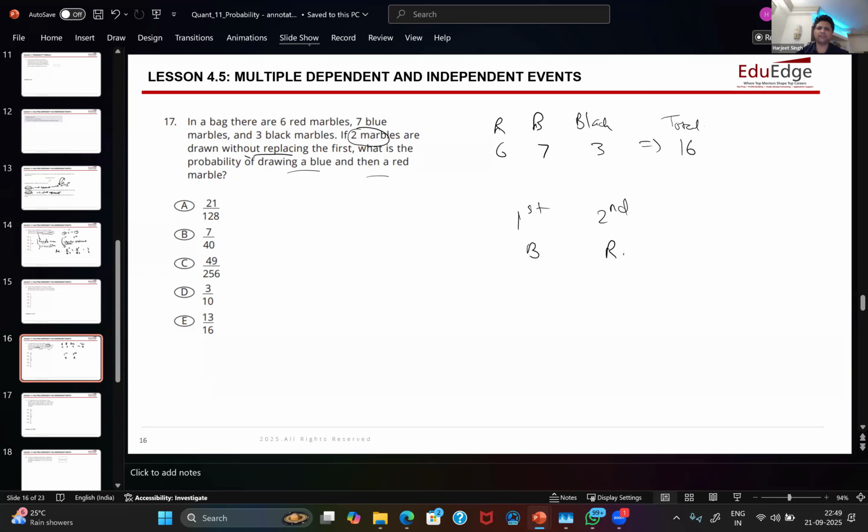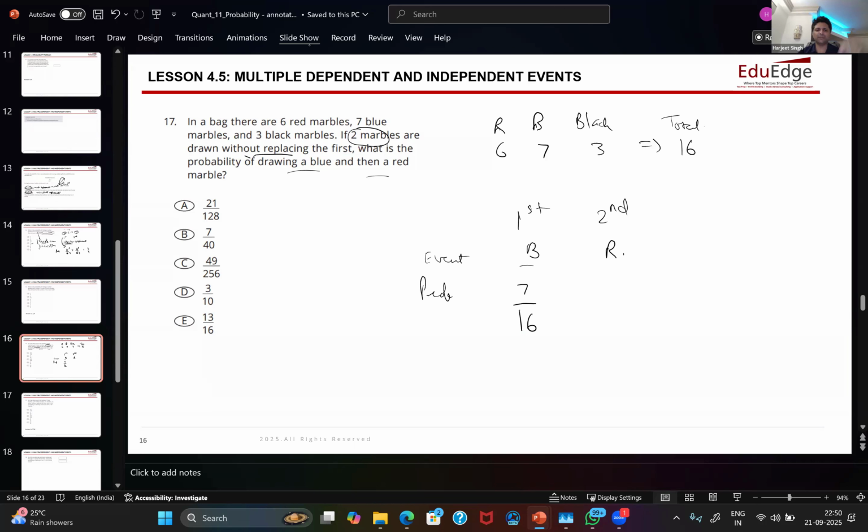In the first go you need a blue. There are 7 blues out of 16, so the probability is 7 by 16. In the second case, a red one is required.